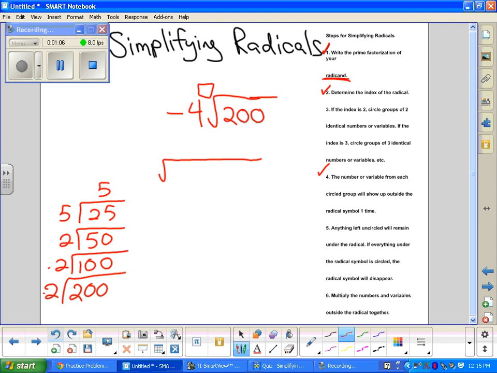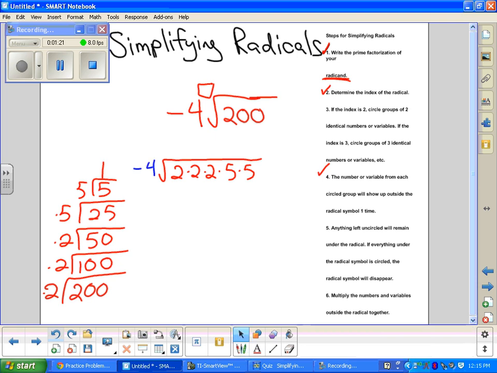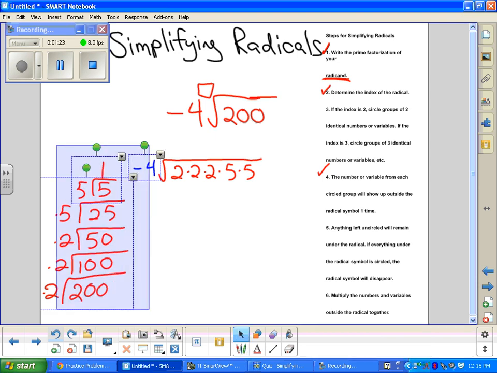I got 1, 2, 3, 3 2s, and oops, 2 5s. Now, I'm going to put the -4 here so I don't forget about it. Let me move this.